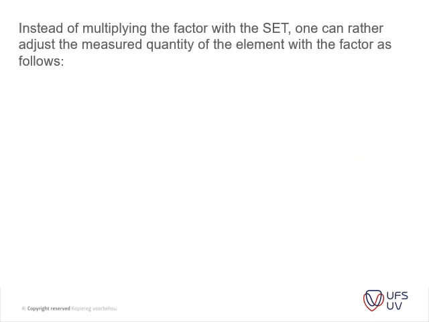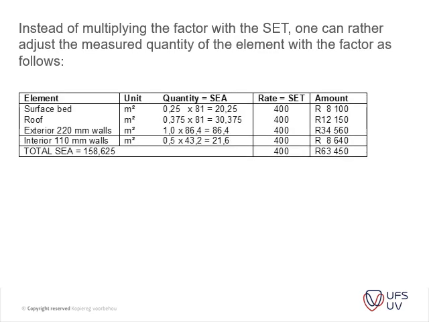Thus, instead of multiplying the factor with the tariff, one can rather adjust the measured quantity of the element with the factor as follows. So it's the same table again. We've got our areas that we've worked out in our first example, and we've got our factors.